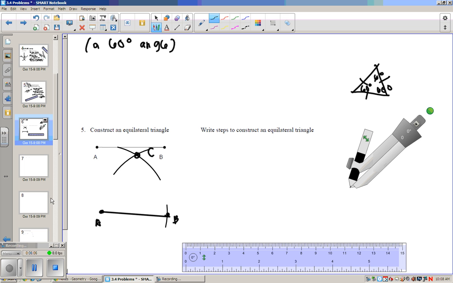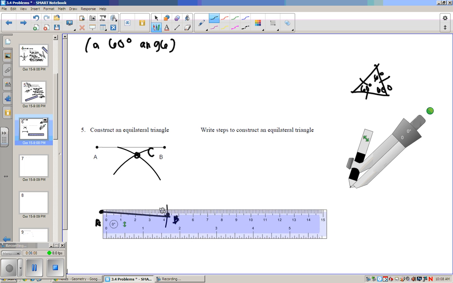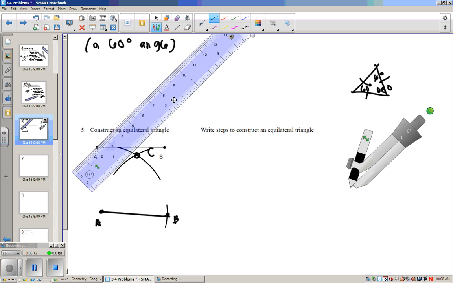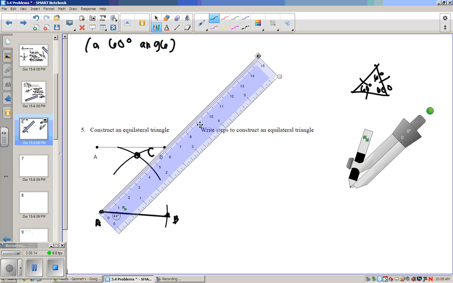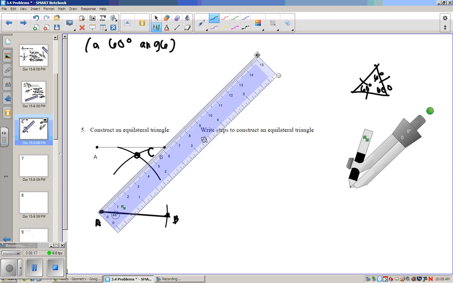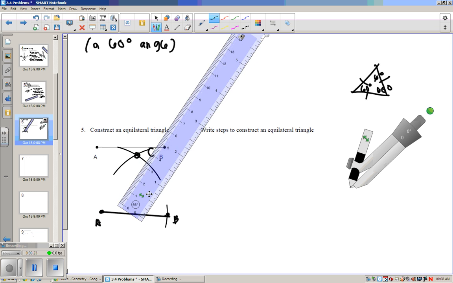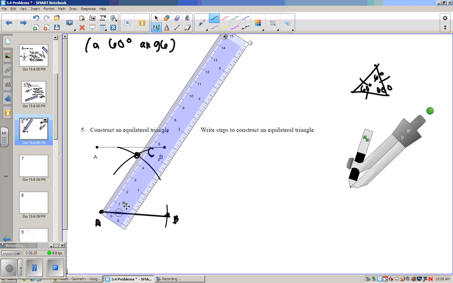So I'm going to take my straight edge and I'm going to draw in the segments. If I can get it to work. Right, good enough.